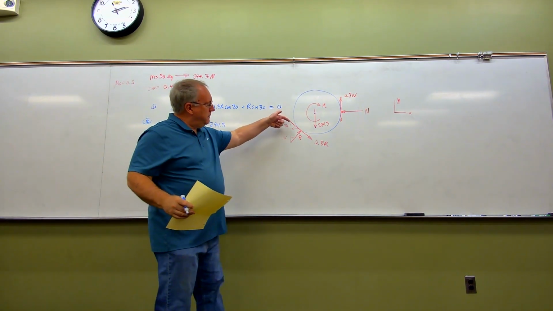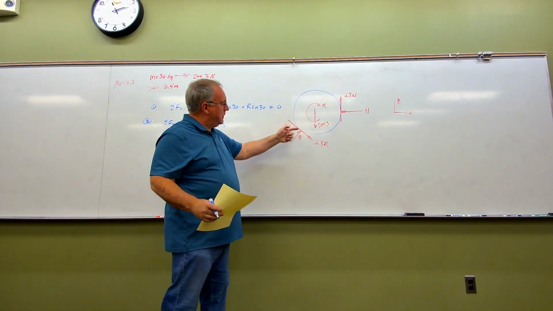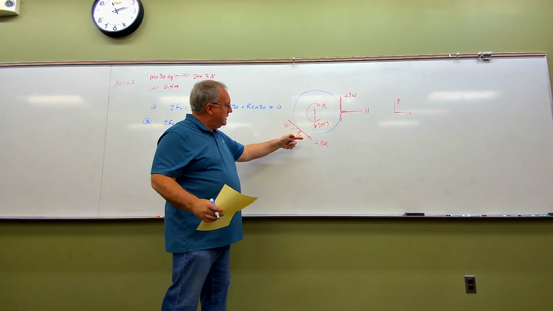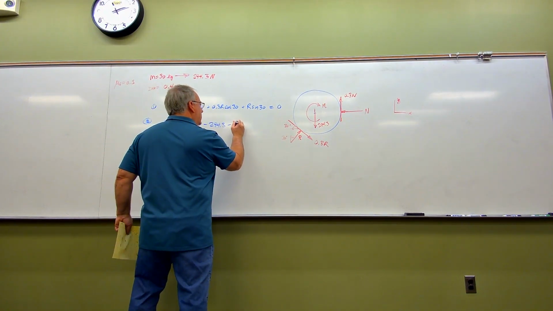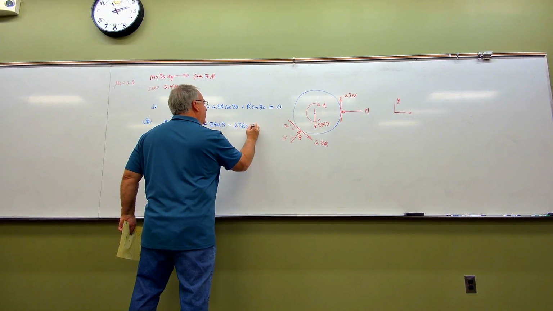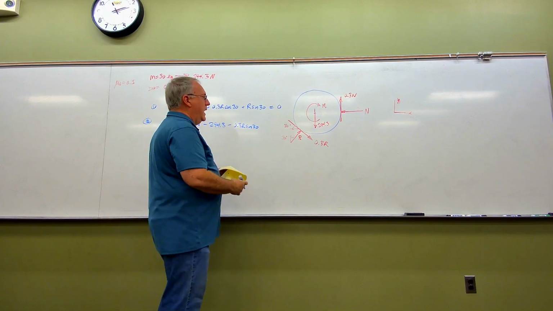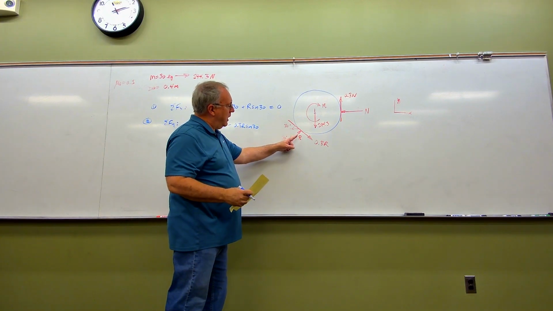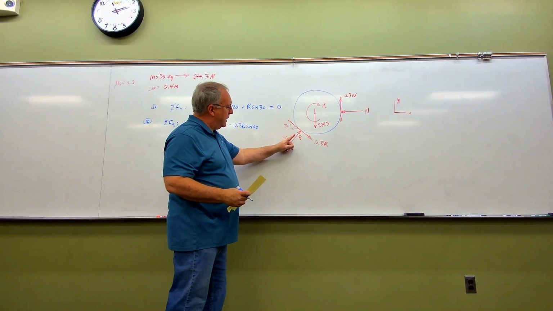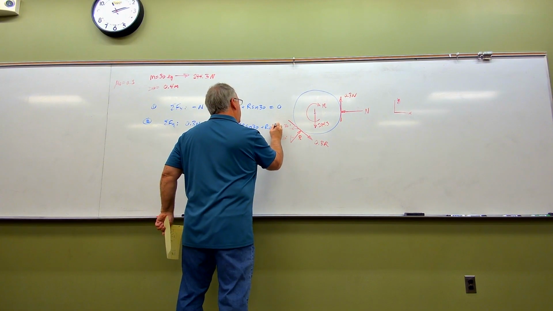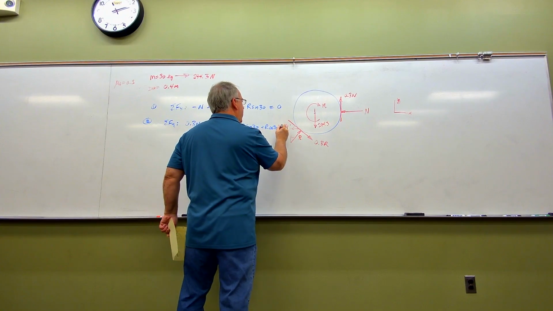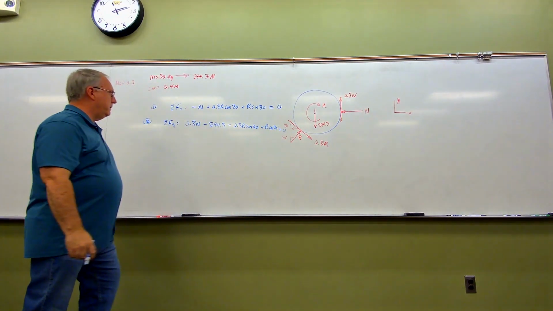This one here is tending towards negative y, so it's going to be minus 0.3R times the sine of 30. And the y component of this one is going to be plus R times the cosine of 30, since it's tending towards positive y. And that takes care of all the y forces, so that one's going to be equal to 0.